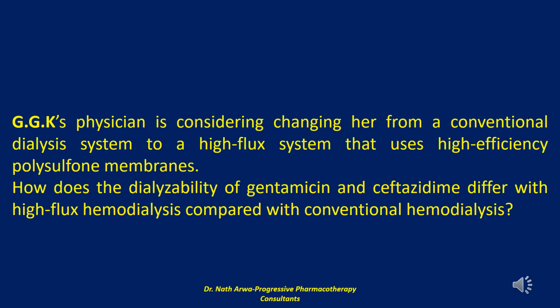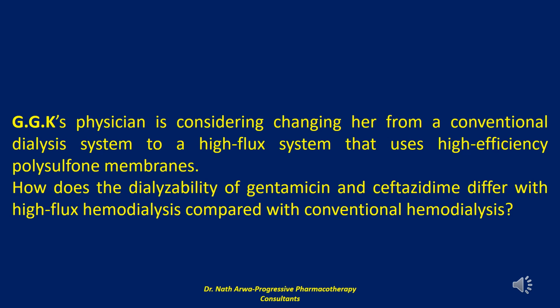High-flux hemodialysis is more effective than conventional dialysis at removing certain pharmacologic agents because the membranes are more efficient and the blood flow through the dialyzer is increased. Although limited data are available, a greater fraction of drugs, such as aminoglycosides, ceftazidime, and vancomycin, are removed by high-flux versus conventional hemodialysis.